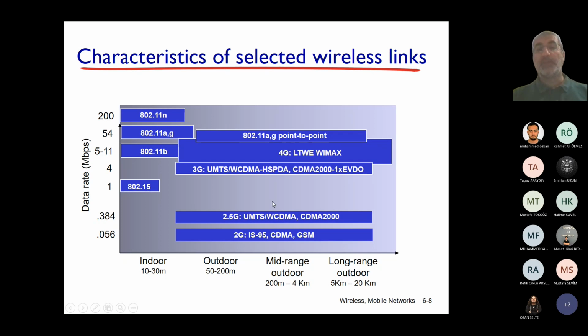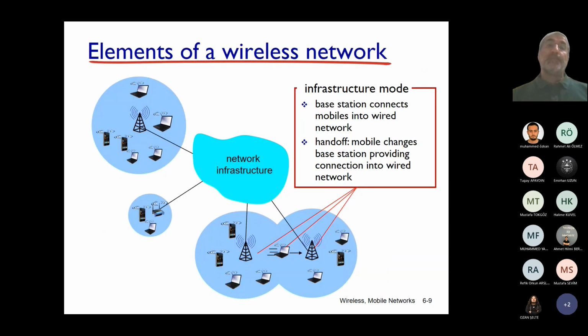So depending on the application and the environment, the range, and the data rate, you can select different wireless technologies. Okay, so we have two main modes of the wireless network. The first one is called infrastructure mode.